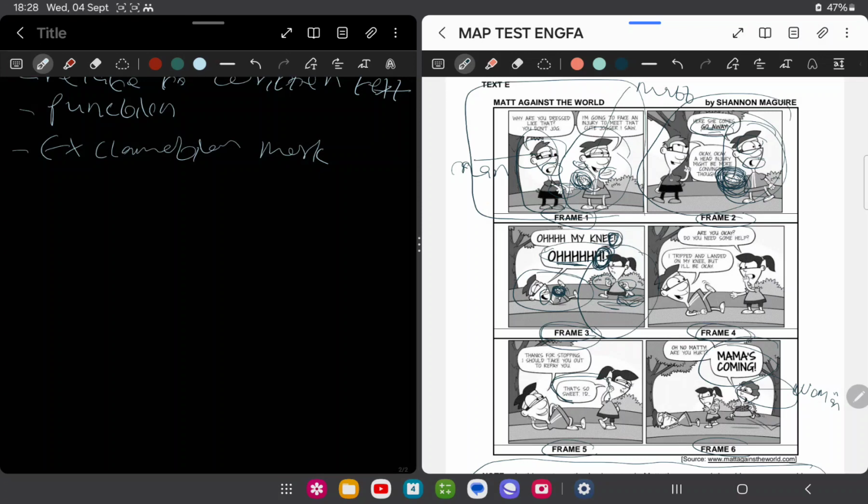So in frame number 4, "Are you okay? Do you need some help?" is the girl. Then Matt replied, "I tripped and landed on my knee, but I'll be okay." He's trying to get the girl's attention. So in frame number 5, "Thanks for stopping. I should take you out to repay you." Now he got the girl.